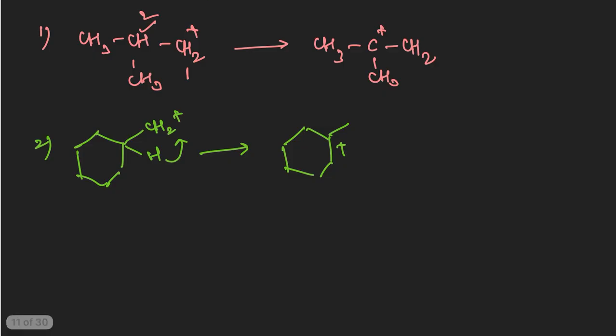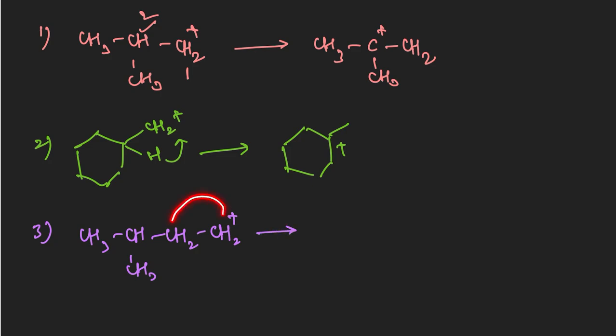Third, we have CH3, CH, CH3 and CH2 plus. Now first of all we know that this shift is gonna take place. The hydrogen will go there. So what will happen? First we have CH3, CH3, CH plus and CH3.